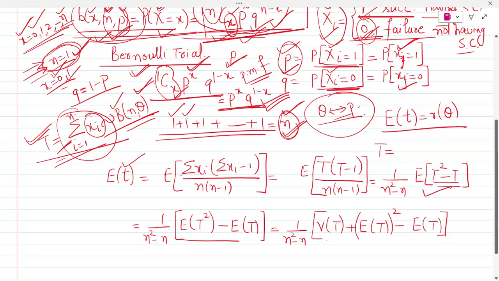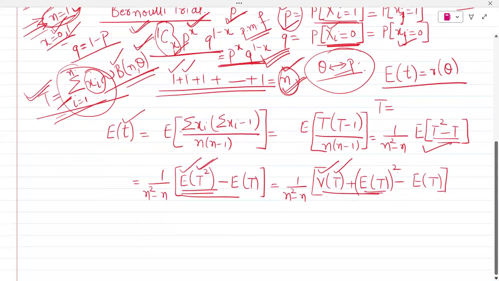And once again, the same formula that I discussed in the previous lecture: the expected value of the square of any random variable is the variance of that random variable plus the square of the expected value of that random variable. And now, what are the variance of T and the expected value of T?